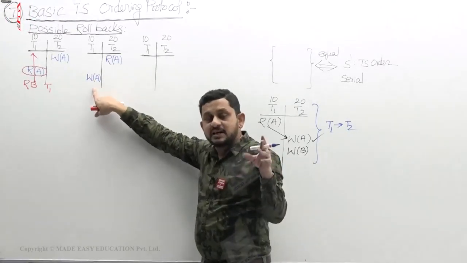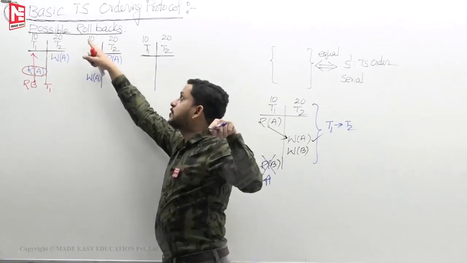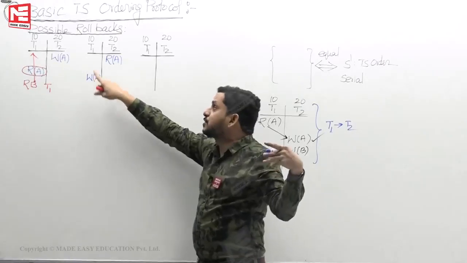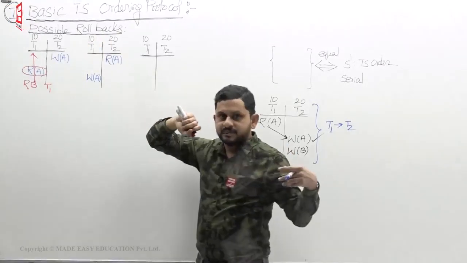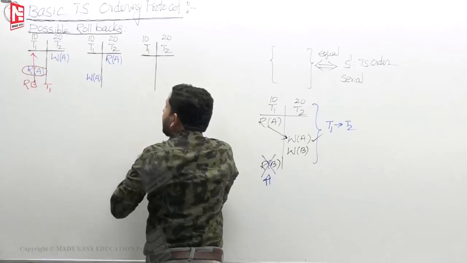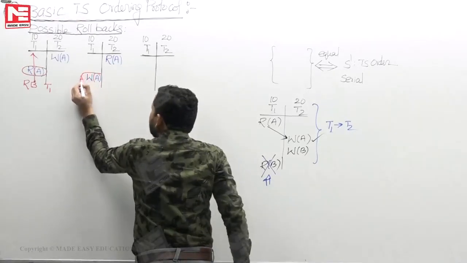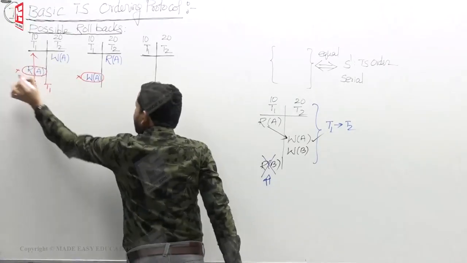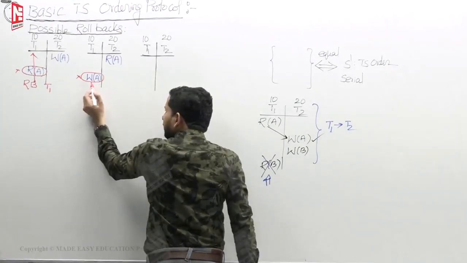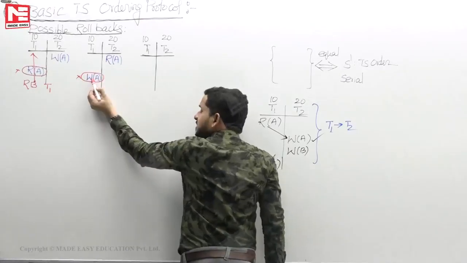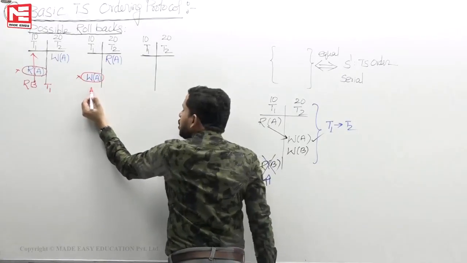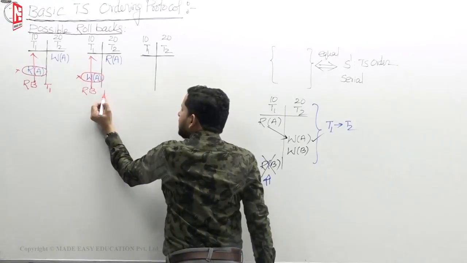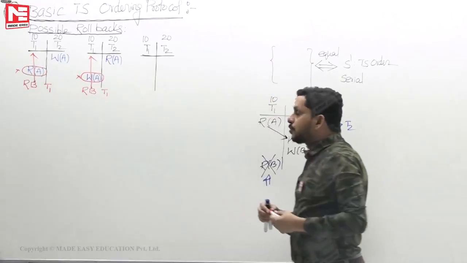If we allow this, the schedule is not equivalent to the serial based on timestamps. So the corresponding write is not allowed. This write request of T1 is not allowed; we not only discard this write operation but also roll back the transaction. Rollback transaction T1 is the second possible rollback.